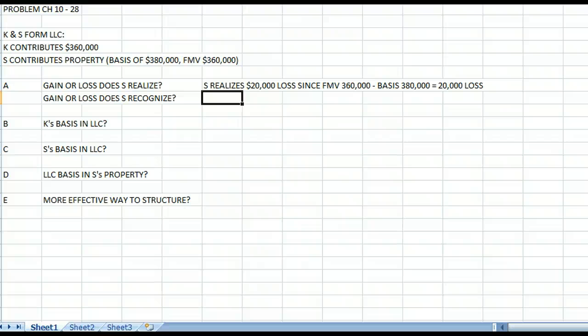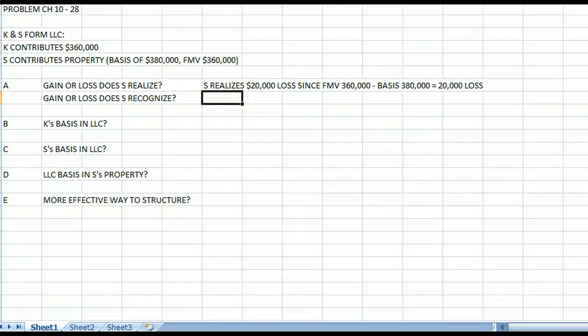When we look a little more at both of them, we'll see that K, who contributes cash, is contributing property just as S does. But A is addressing S's contribution first.